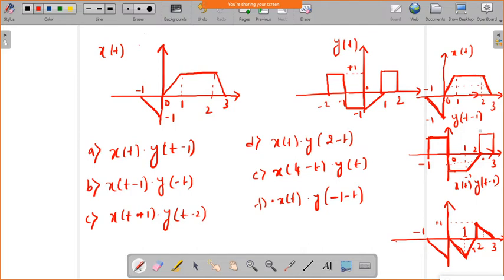This 0.5 multiplied by the plus value 1 will give the same 0.5. So the ramp signal is decaying as it is, because of the y of t minus 1 which has the amplitude plus 1. At 3, it is 0 and this is also 0, so it will give 0.